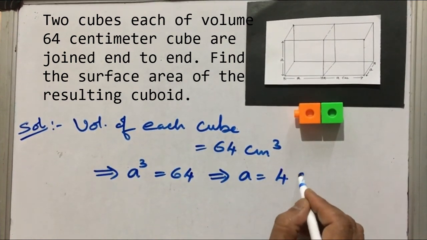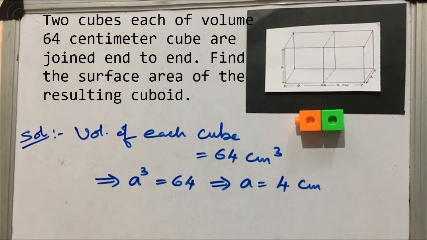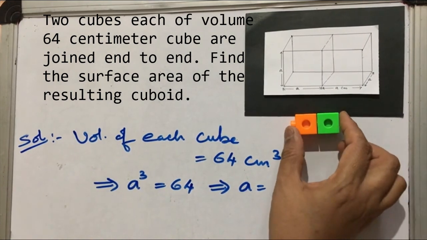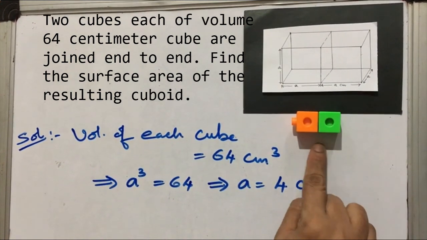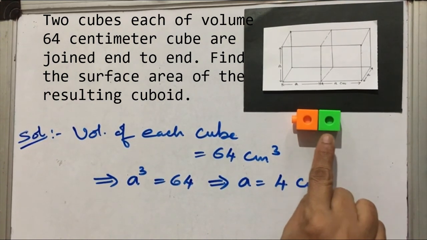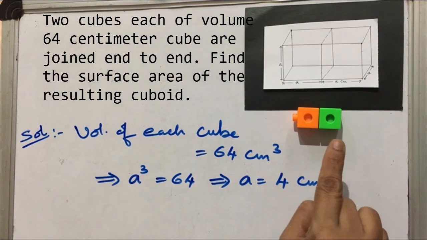4 centimeters. So by looking at this figure, we can say that the form of it is like a cuboidal form. Then the length of this cuboid is nothing but this edge of this cube plus the edge of this cube, a plus a. How much is it? 2a.